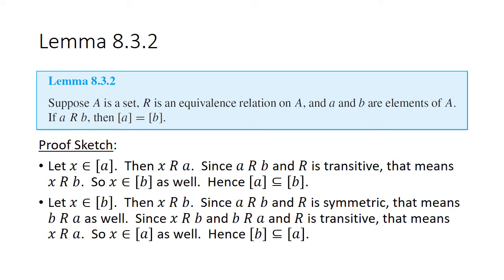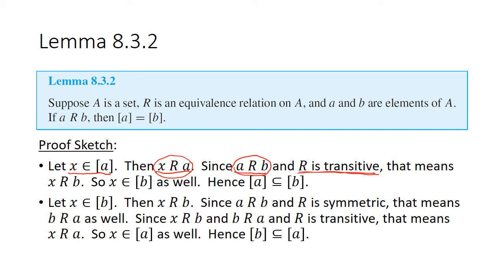Suppose that X is an element of the equivalence class of A. Then that means that X is related to A by the equivalence relation. Since A is related to B and R is transitive, look at what we have: X is related to A, A is related to B, and R is transitive.